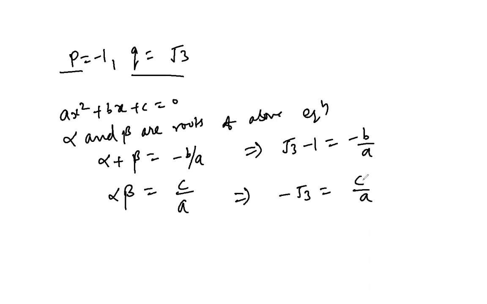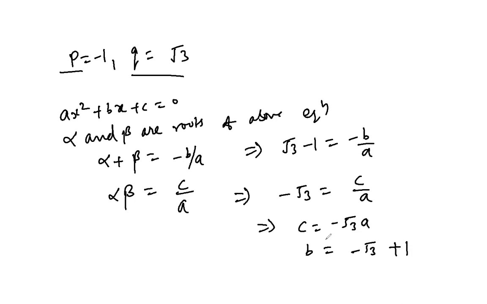Okay, now from here you can easily calculate the value of c and b in terms of a. So the value of c is minus root 3 a, and the value of b is simply minus root 3 and then minus plus 1.